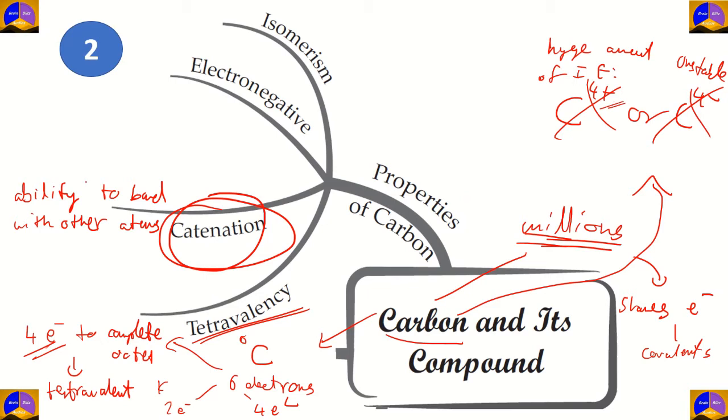And this is due to the fact that carbon has a small size. So carbon is extremely good at catenation. There is no other element which does catenation to the extent of carbon. Another example of a material which does catenation is silicon. Silicon can form compounds which are 7 to 8 units long, but carbon can form a compound that can stretch to the millions. So therefore, carbon is extremely good at catenation because of its small size and tetravalency.